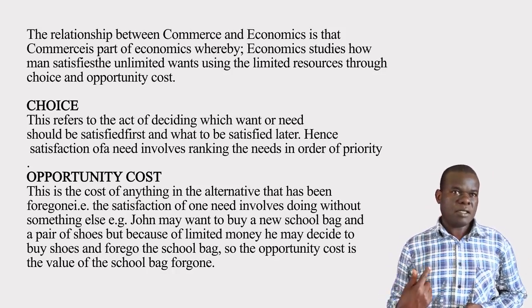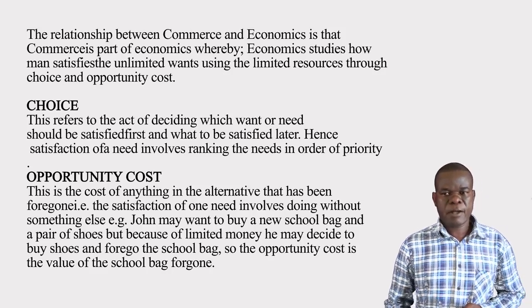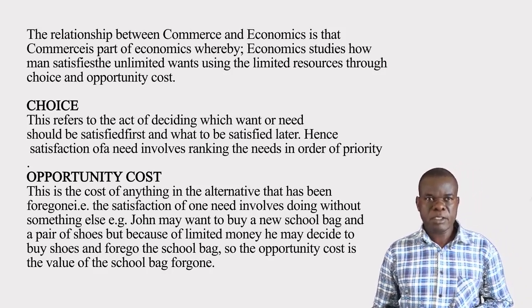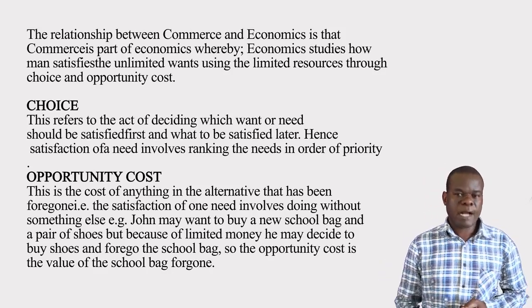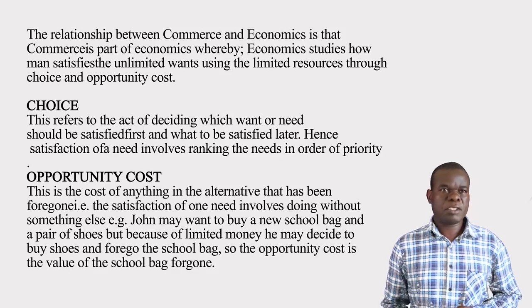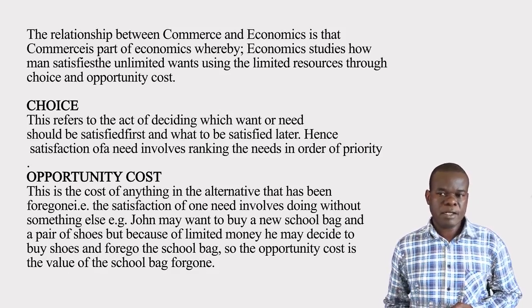Like we said, economics involves how man satisfies the unlimited wants using the limited resources. Meaning that when you have a limited purse, limited resources, you may have to forego one thing to attain another.